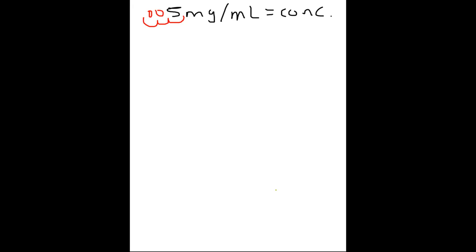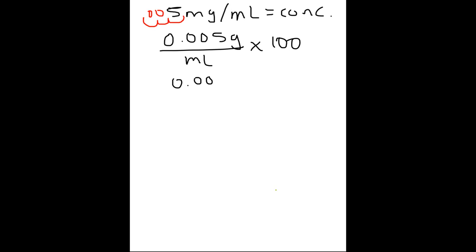So that would give us 0.005 grams per milliliter. And if we multiply that by 100, we would get 0.005 times 100. That's the same thing as moving our decimal 2 spaces to the right. So we get 0.5%.